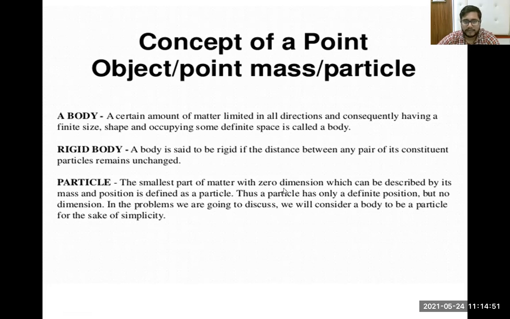Therefore, you can say a particle has only a definite position but no dimension. So in the problems we are going to discuss, we will consider a body to be a particle for the sake of simplicity. So most of the time in mechanics we will consider any object as a particle, or you can say point mass.